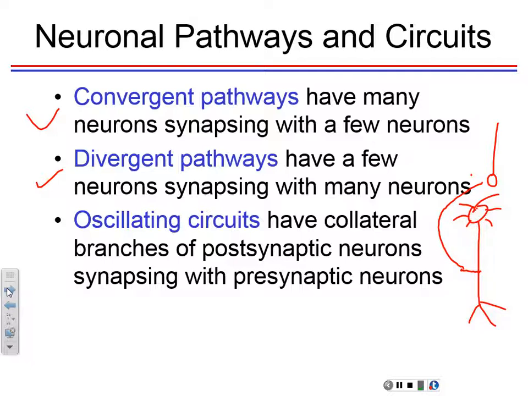Oscillation is circular. It's going in circles. You see what I'm saying? So that means what has happened postsynaptically here can come back in a negative feedback fashion and inhibit. Let's say you've had enough of that stimulation over here. These collateral branches will go back here and start to inhibit this neuron that's sending the information. So that's an oscillating circuit. So be able to explain and describe these neuronal pools.